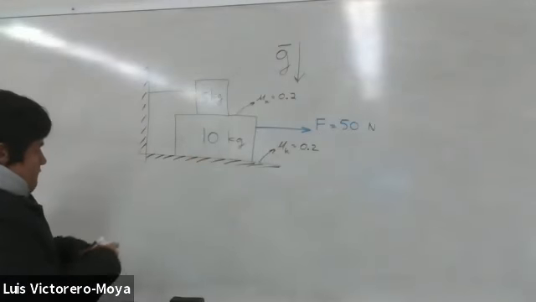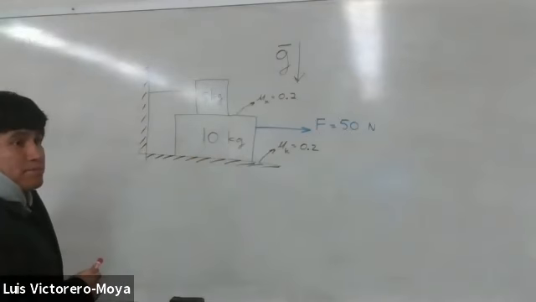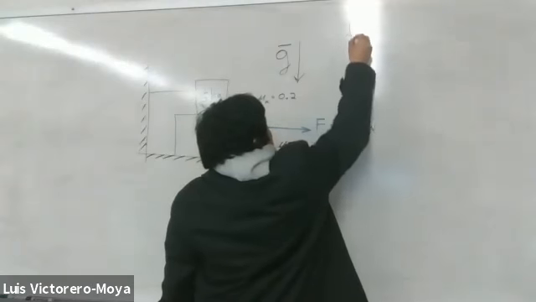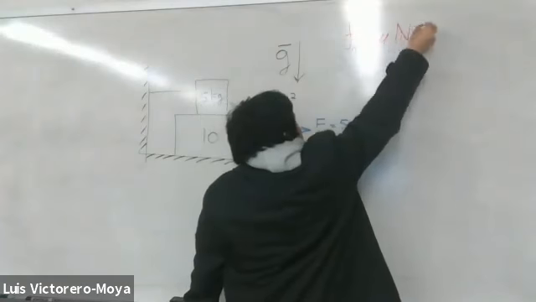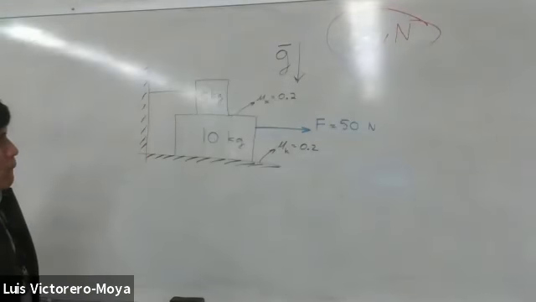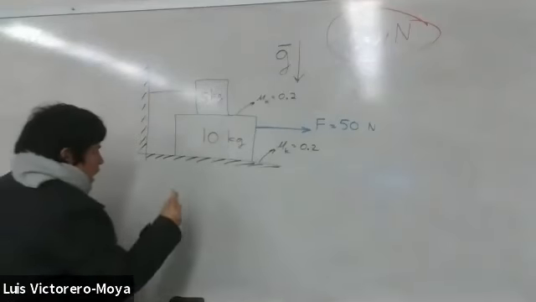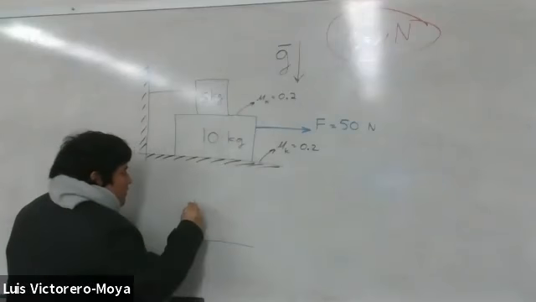It's crucial to find the normals, because we know that the general equation for friction is mu times the normal. For the 10 kilogram, I will draw a picture of the 10 kilogram. It's not to scale here.